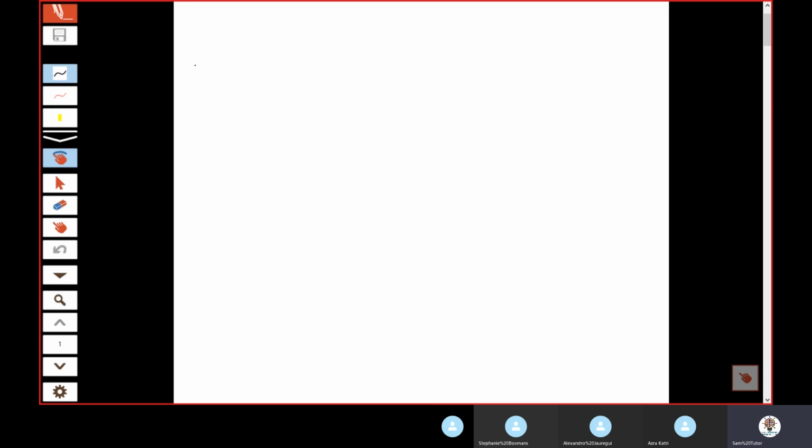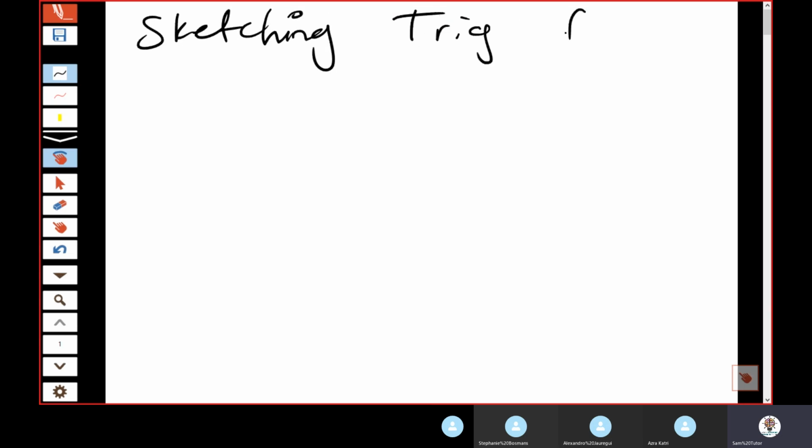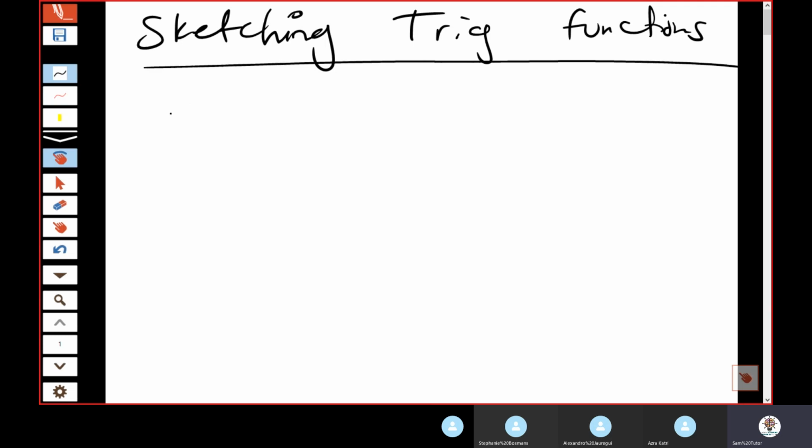So before I start, we need to just draw our basic one. Sketching trig functions. So in trig functions, you've got a few things that you need to know.